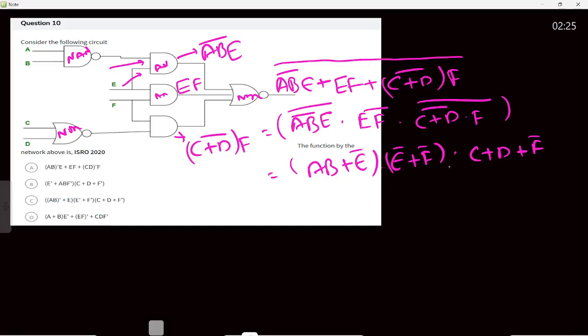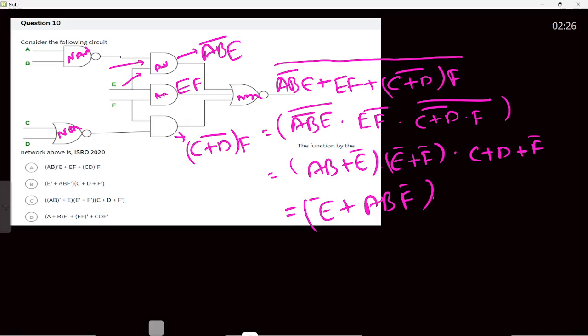Now finally this will become, how we can write this as E bar, and E bar is common, so here is also E bar, here is also E bar, so E bar plus A plus so A and B F bar.